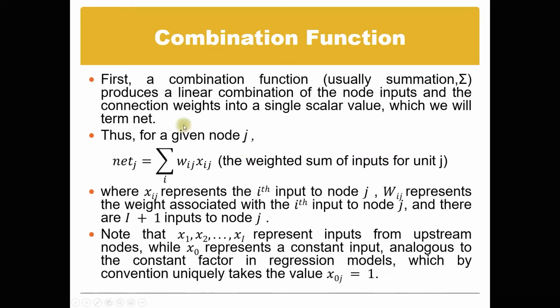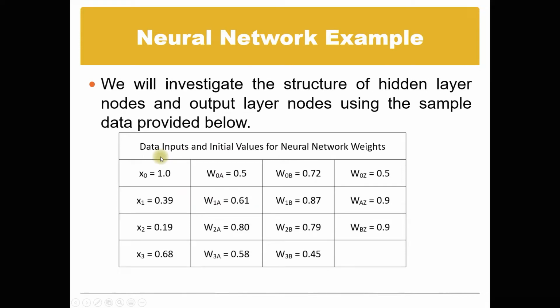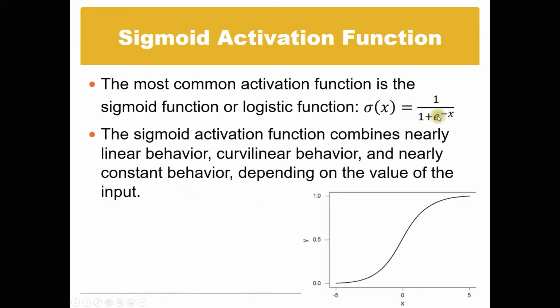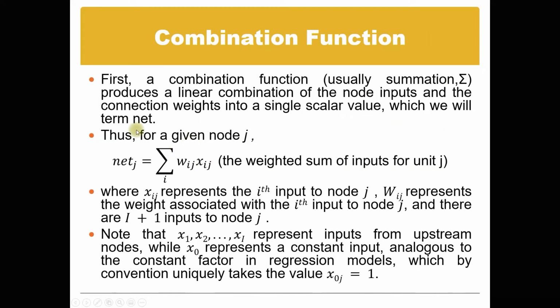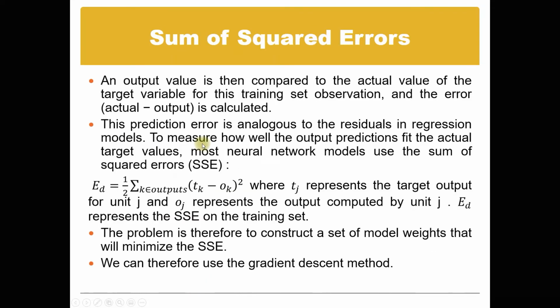One of the notations is net j. The other thing that you need to know is sigma x, which is here. The other notation that we are going to use here is E_D. E_D represents the sum of squared errors.